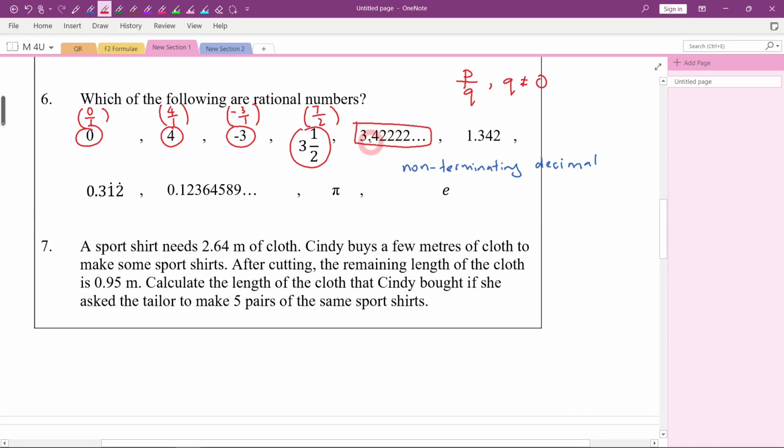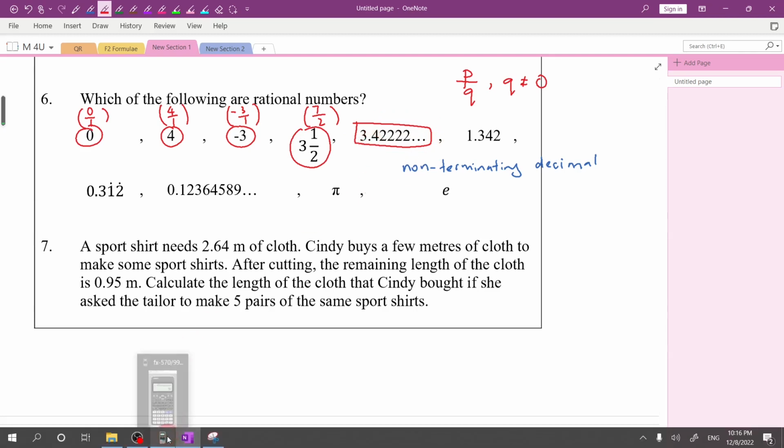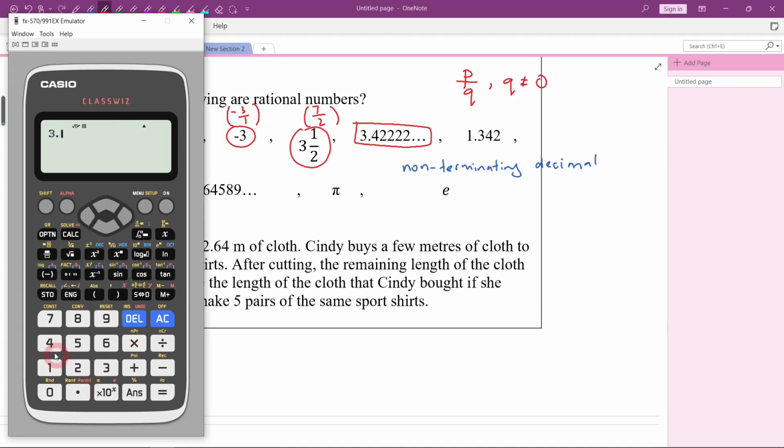Currently, if you want, you can actually use a calculator to help you. You can try this way: 3.4222. If you just key in this way and press equal, you change to fraction, cannot. So you have to press many times of 2. Then press equal.